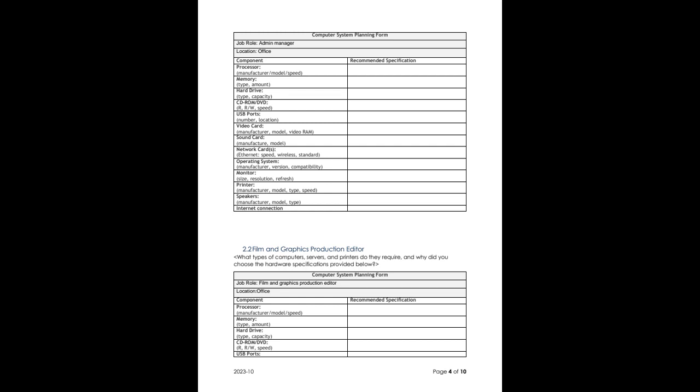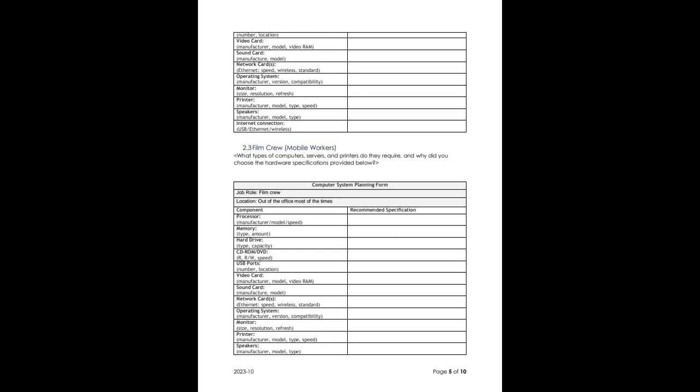Remember, this is what you asked me here. Look at this table here. So once you find the computer, you can fill the information here. How much RAM, how much. For each department. And your printer also.